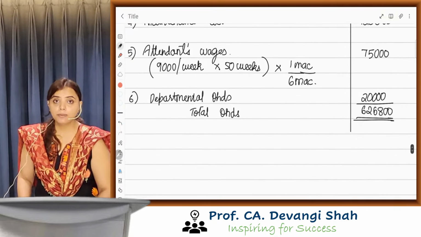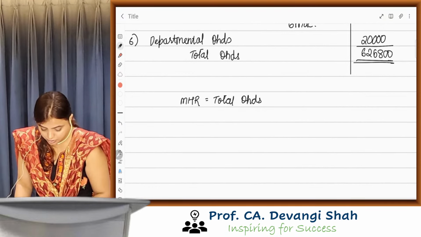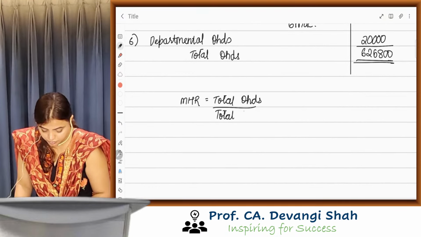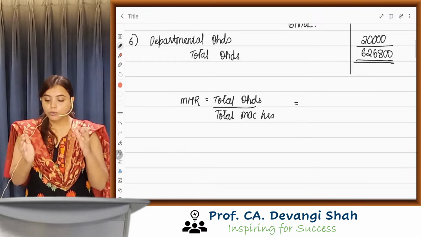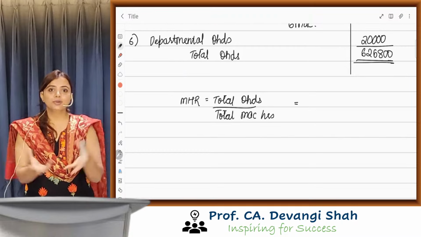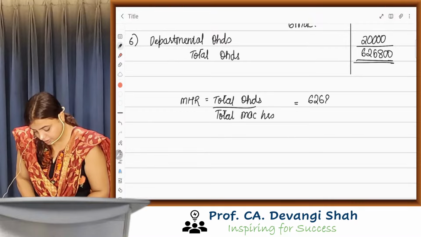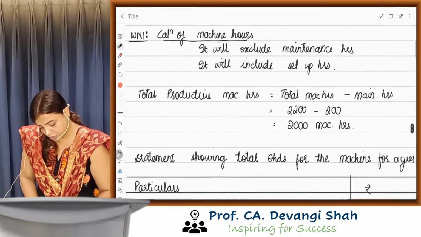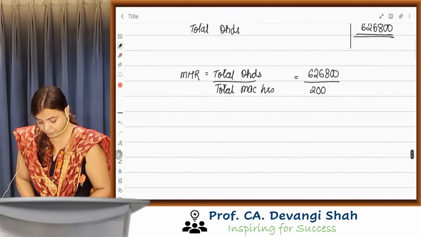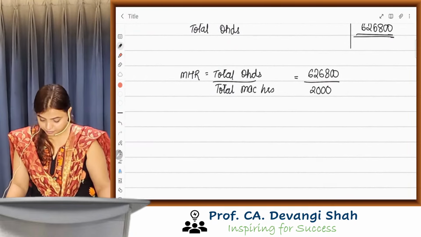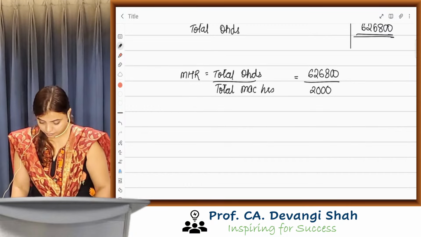So what will be your machine hours divided by total machine hours? हमने ये दोनों वर्किंग अलग अलग किया, अब दोनों का आंसर ले लो, डिवाइड करके MHR ढूंढ लो. It is 626,800 divided by machine hours are 2,000. What do you get? You get 313.4 per machine hour.